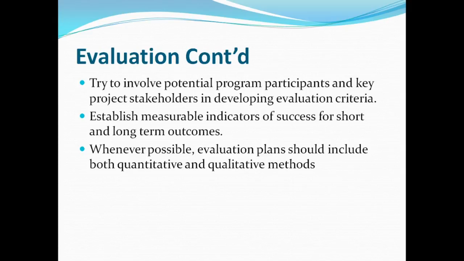Sometimes the funding organization would also be interested to participate in this exercise. So try to involve them. This will establish your credibility, and you would need some measurable indicators. I'll be discussing this point in more detail. How can you establish measurable indicators for success for short-term and long-term outcomes?